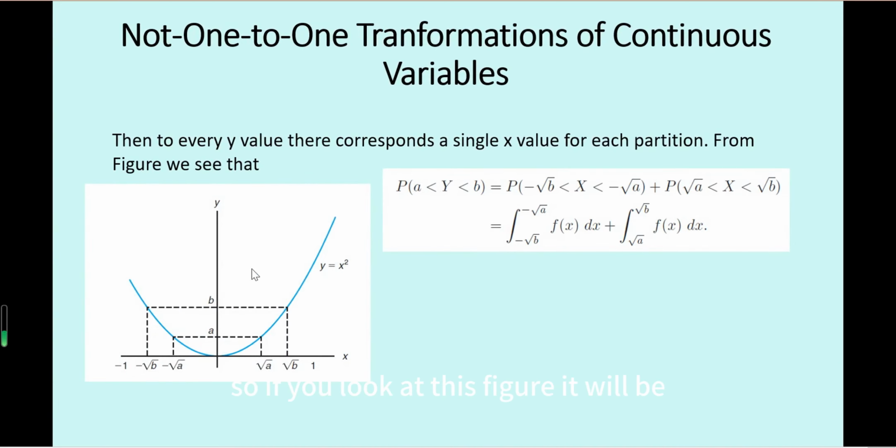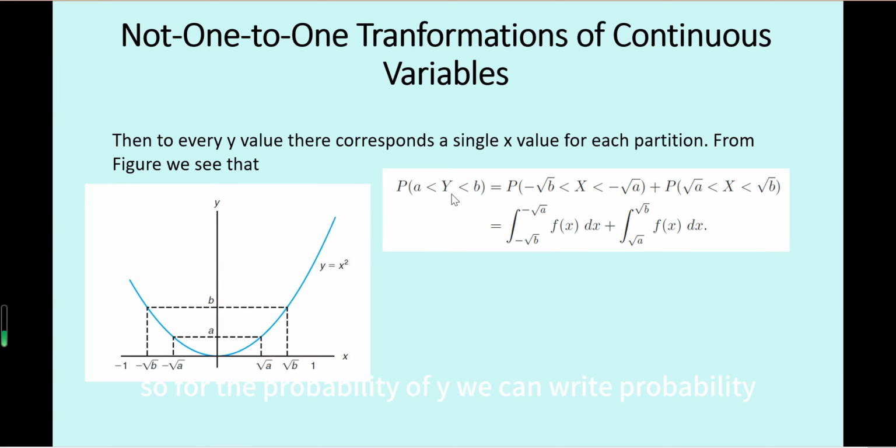If we look at this figure, it will be more clear. This is y equals x squared, where x ranges, for example, from -1 to 4. So for -1 to 1, in this area, there are two inverse functions of x in terms of y, right?